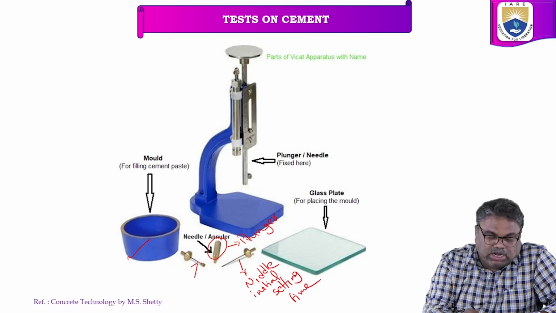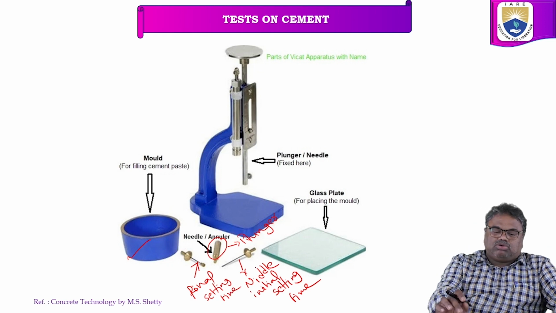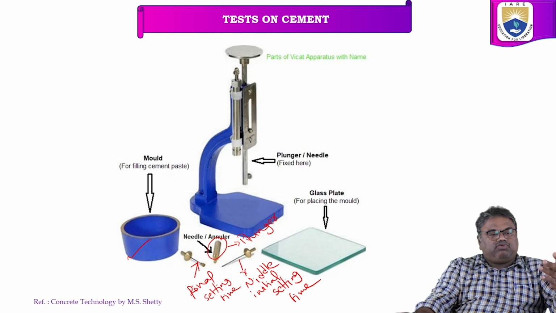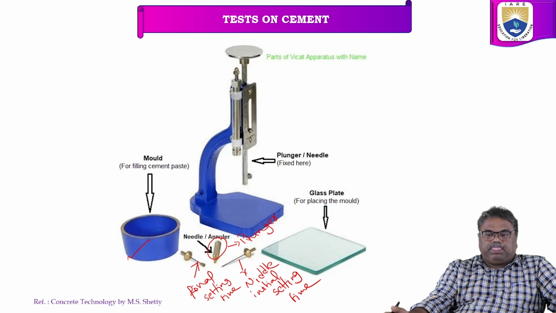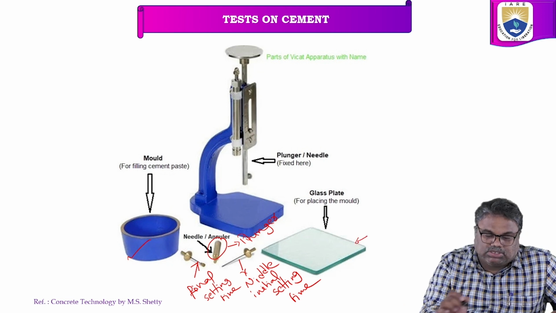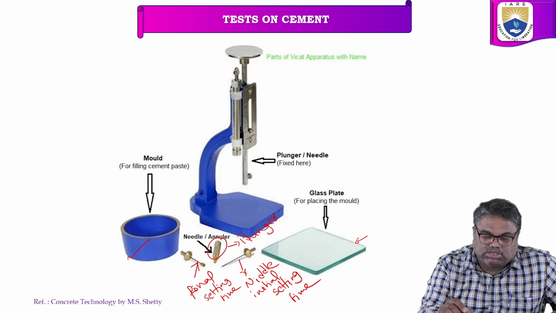This needle we will use for the final setting time. The same apparatus we need to use for standard consistency, initial setting time, and final setting time. And a glass plate is required here. So this is a glass plate, and this is a mold.